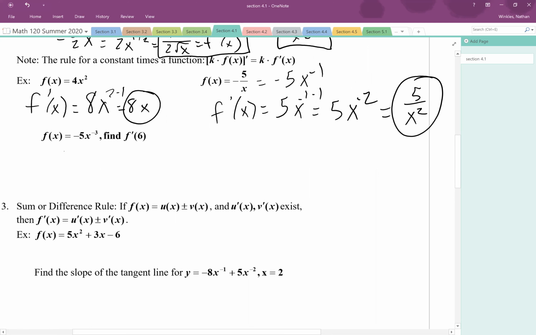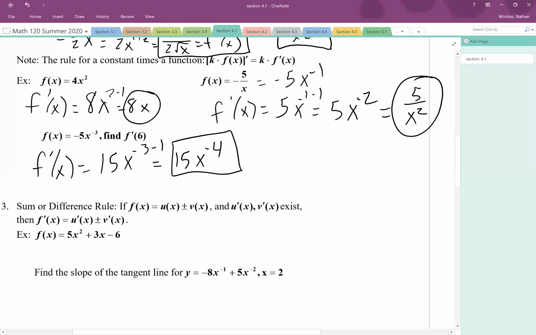For this next example, f of x equals negative 5x to the negative third. So f prime of x would be 15x to the negative 3 minus 1, which is 15x to the negative 4. So that would be our derivative.